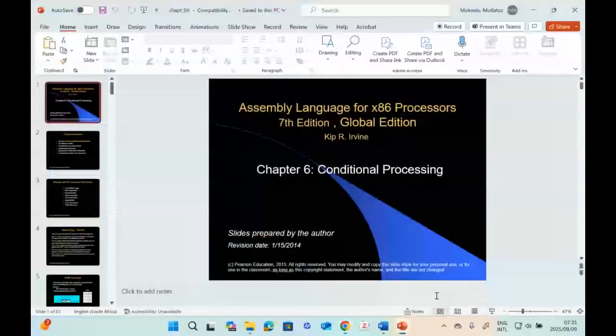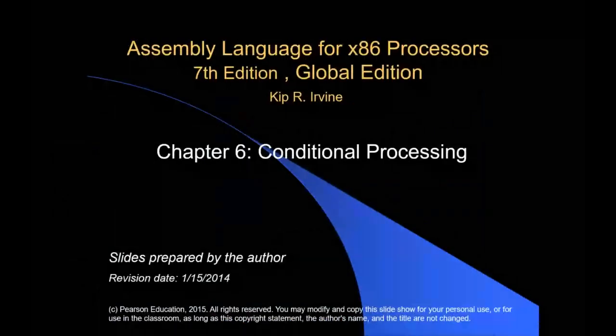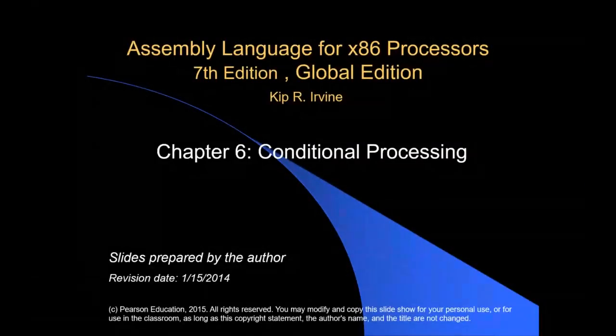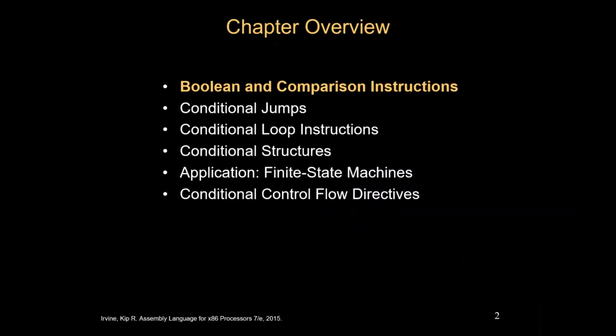The session has been recorded. So this chapter is called conditional processing. We know that any programming language that permits decision making, or lets you alter the flow of control, uses a technique called conditional branching.